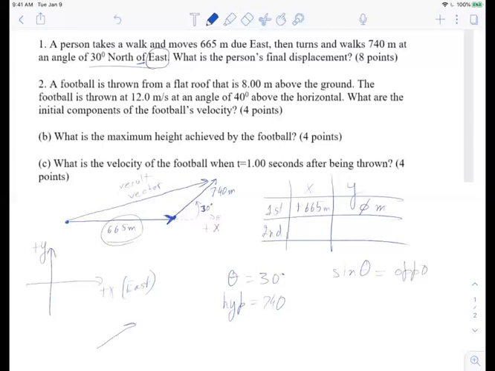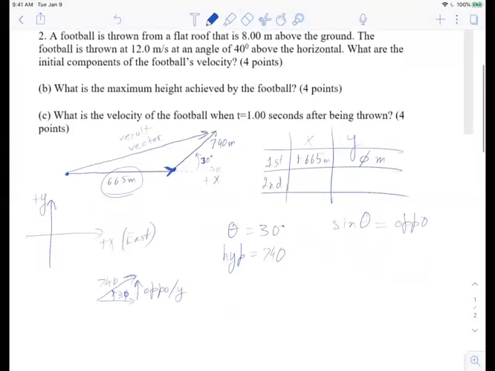If that's 740 and this is 30 degrees, which side is the opposite? This side. So the Y vector is the opposite, and the side touching the 30-degree angle is X, the adjacent.